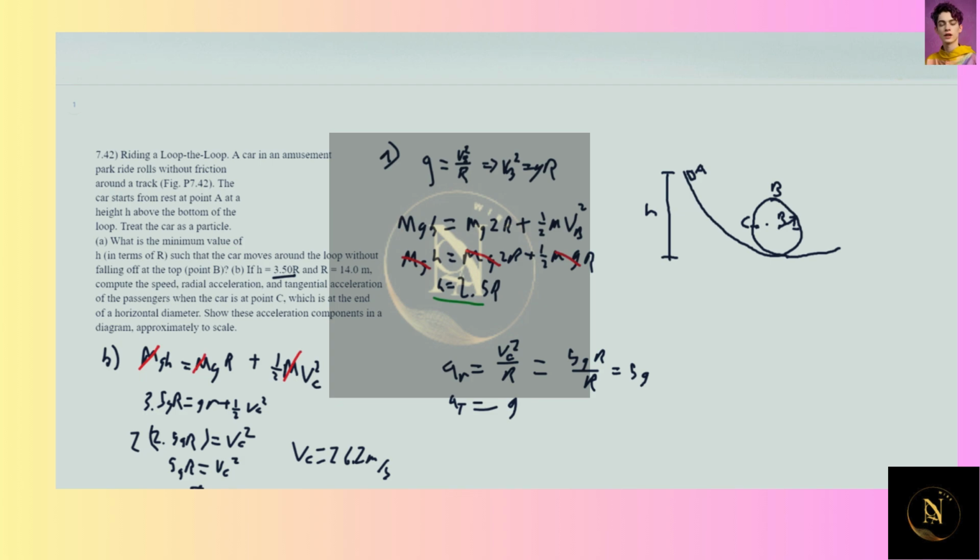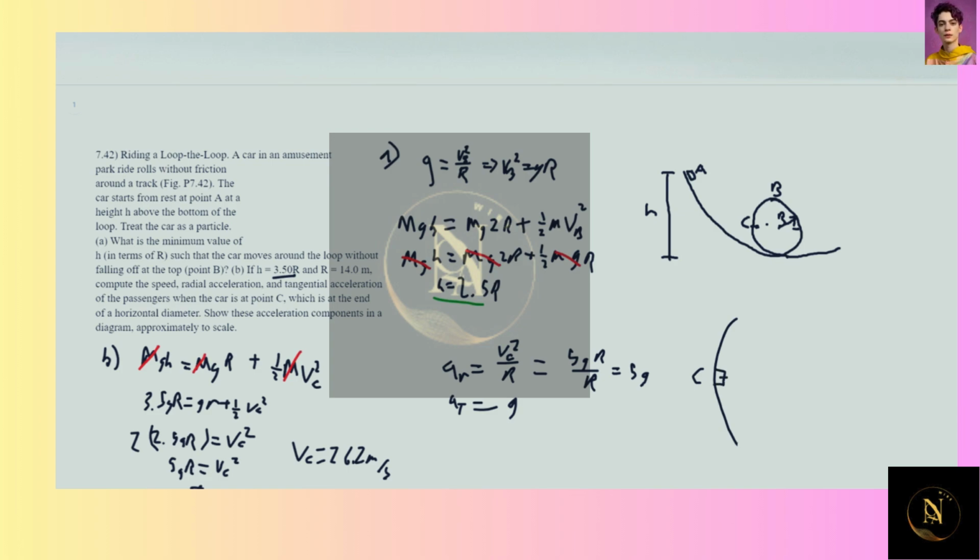Then we can show the accelerations in a diagram, approximately to scale. I'm going to draw the curve at arc C and show our car there.